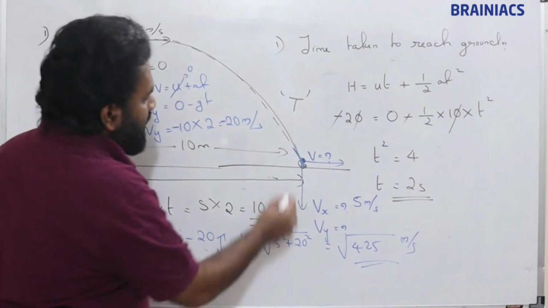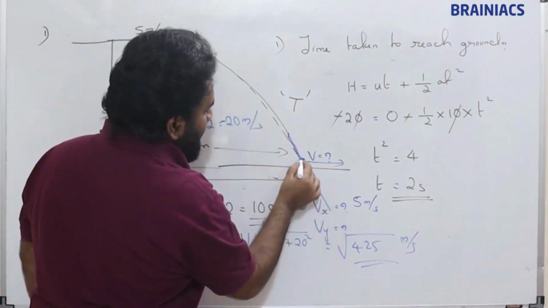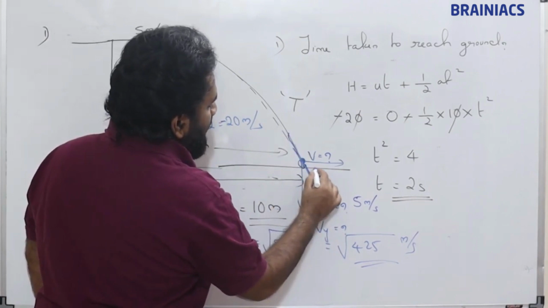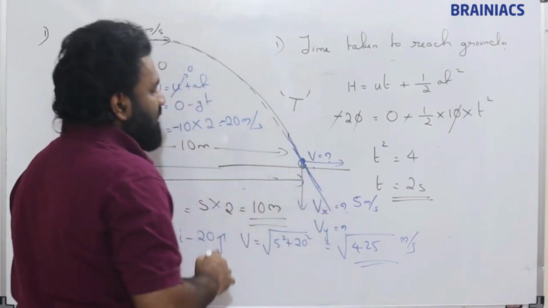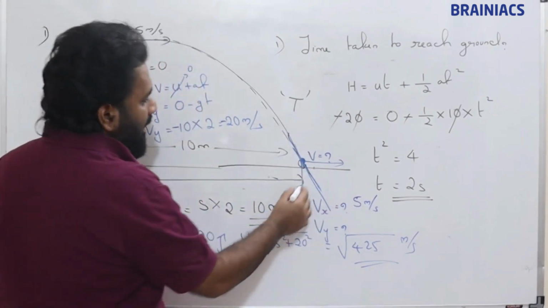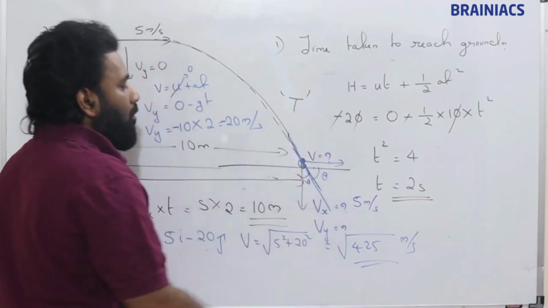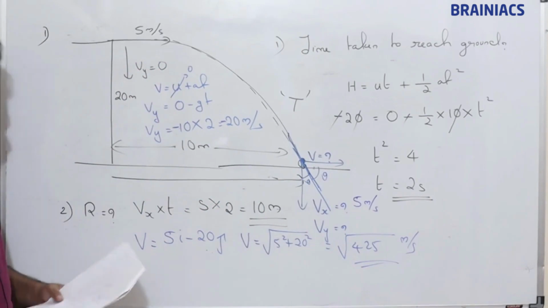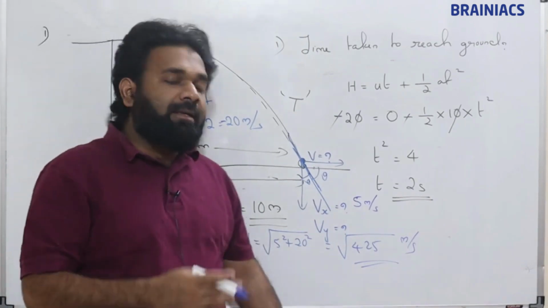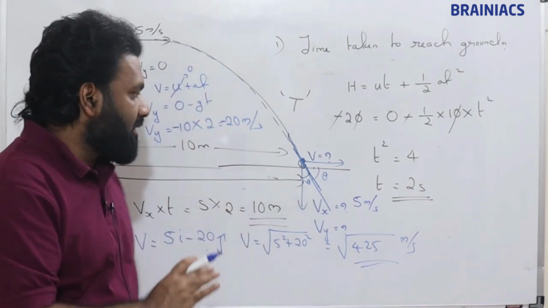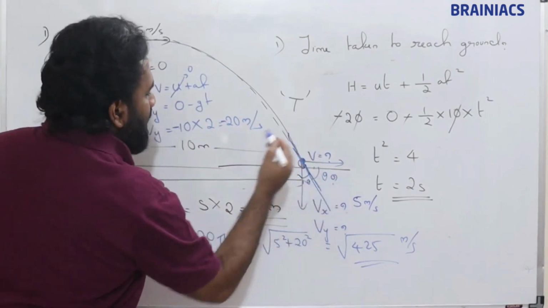Okay, now suppose if it is coming like this, what angle does it make? I can take the angle with respect to vertical, or I can take the angle with respect to horizontal. Suppose what angle it makes with the horizontal, such a question is asked. What is this theta?